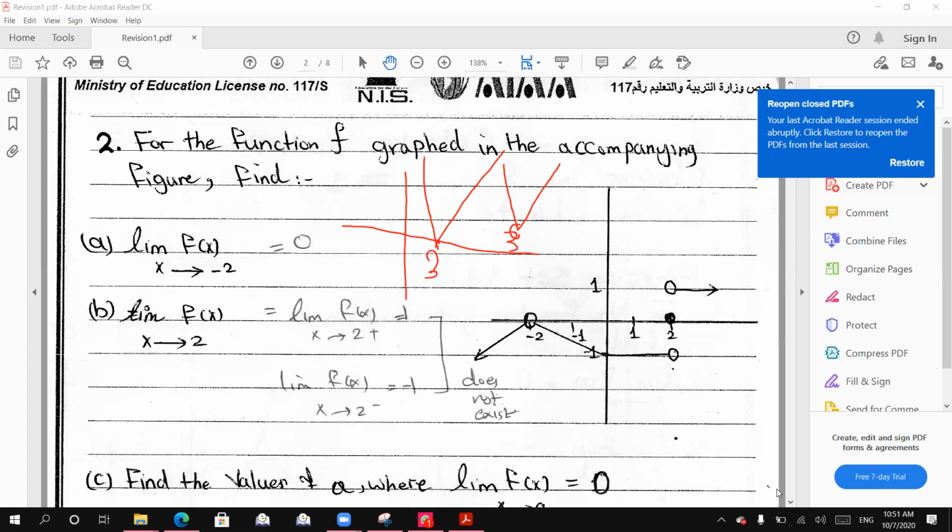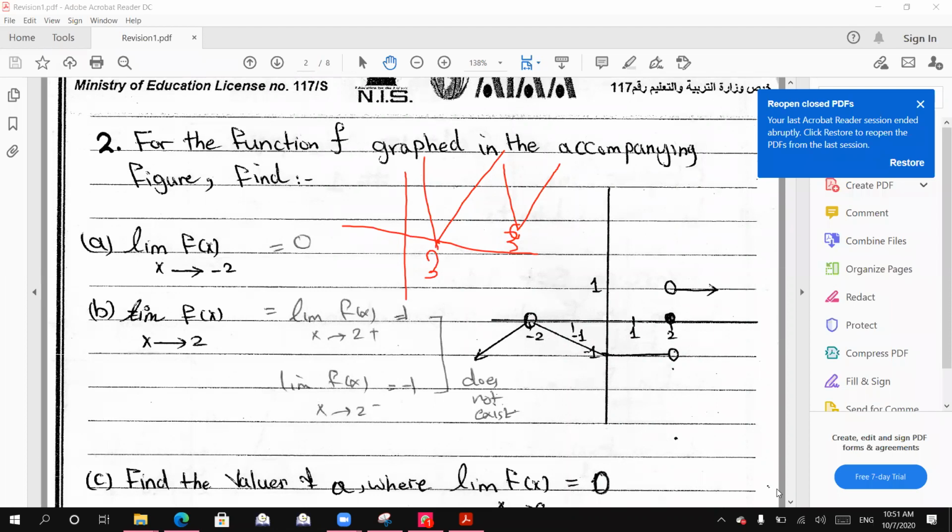That means there's no value for f of -2. But there is a value for the limit. Yes, there's a value for the limit, but there's no value of the function. As you see here, is there a hole at point -2? Yes, that means a hole.